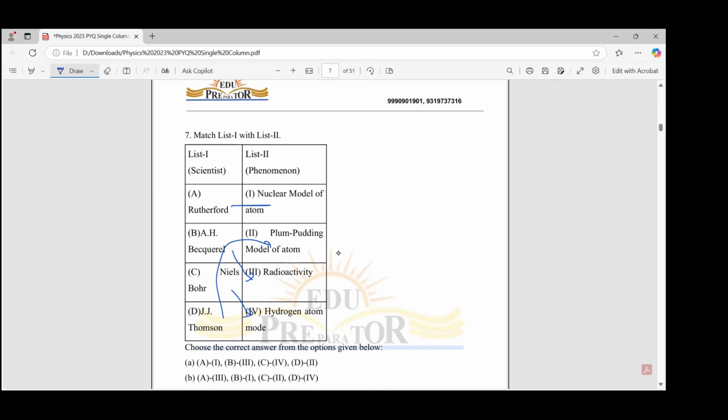So if we simplify these, we find Rutherford is the nuclear model. So A matches with 1, and the best suitable concept is A1, that is Rutherford giving the model of the atom.